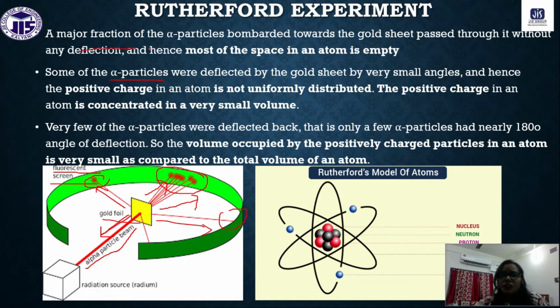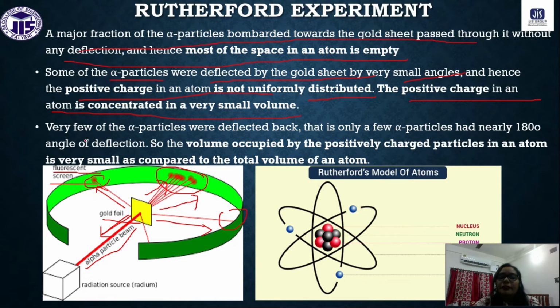A major fraction of the alpha particles bombarded towards the gold sheet pass through it without any deflection. That is why most of the space of the atom is empty. Some of the alpha particles were deflected by the gold sheet by very small angles, and hence the positive charge in an atom is not uniformly distributed. The positive charge is concentrated in a very small volume.